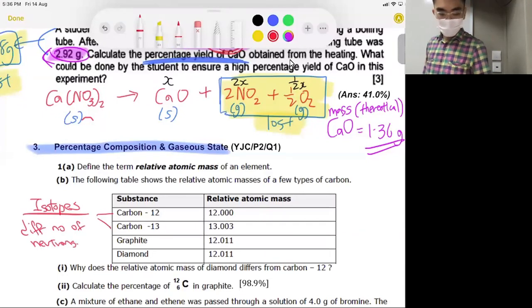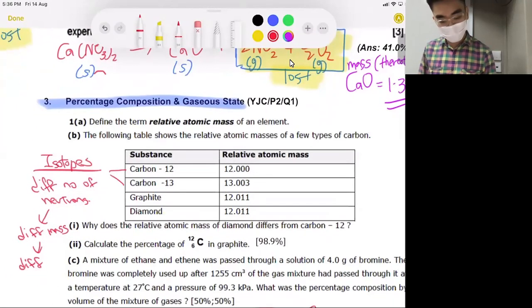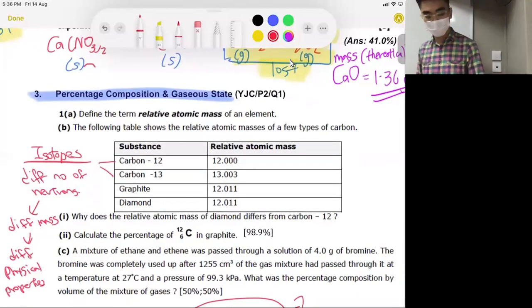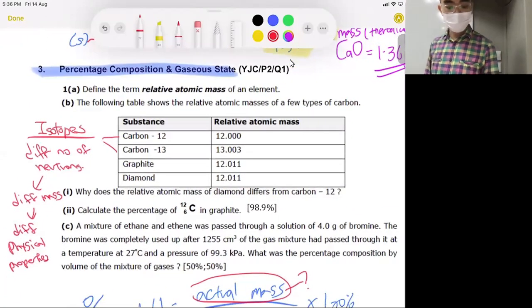Isotopes always have different masses. If they have different masses, they have different physical properties. But I'm just digressing. This is just to remind you. But isotopes will always have the same chemical properties because they have the same number of electrons and protons. Mainly the electrons.